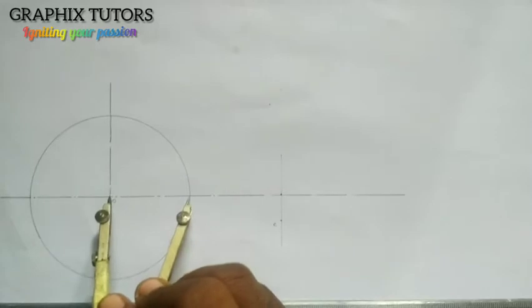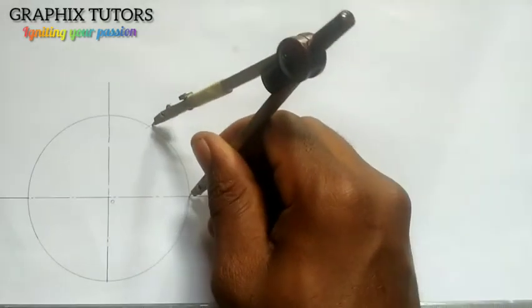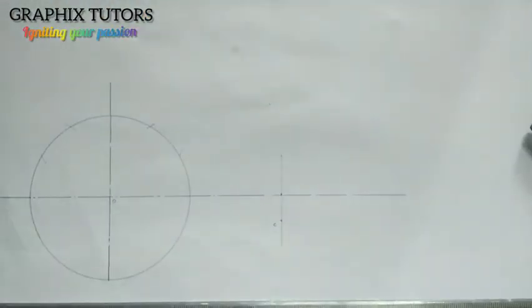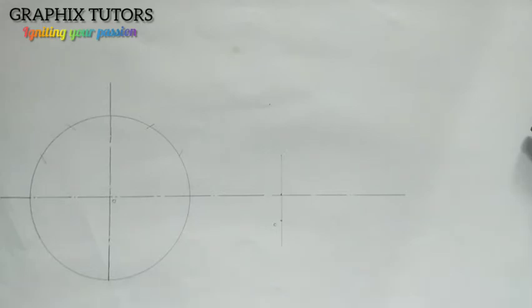I'll cut here, then come here with the same radius and cut here, and place it at the center and cut left and right. If I've done those three things, I'll use my rule and pass it through the center.